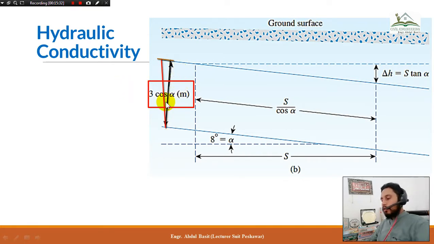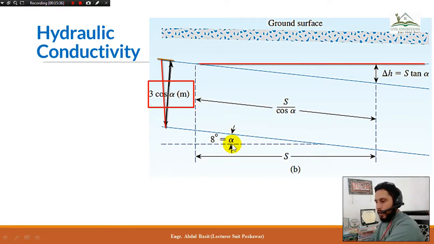Now coming to the next thing, this is S. This line is a completely horizontal line, which is drawn at an angle alpha to the line of the groundwater table. This horizontal line shows S. Here it is S, here it is S. This is between these 2 points, and similarly these 2 points.